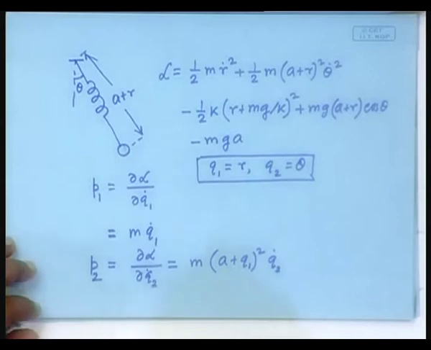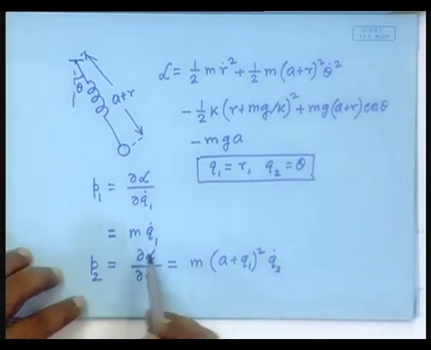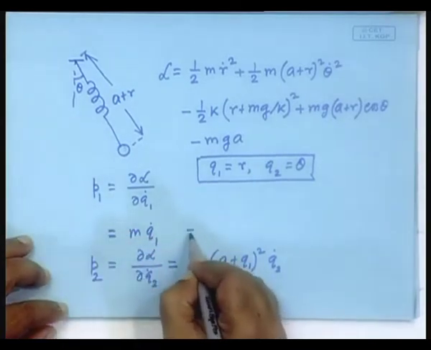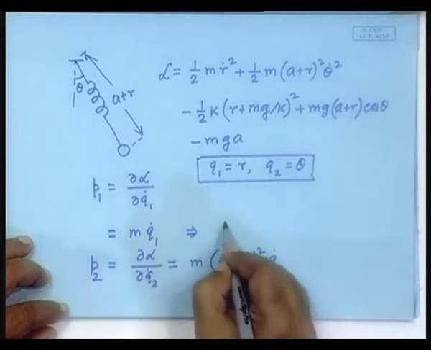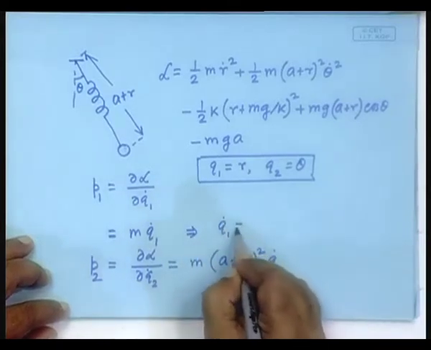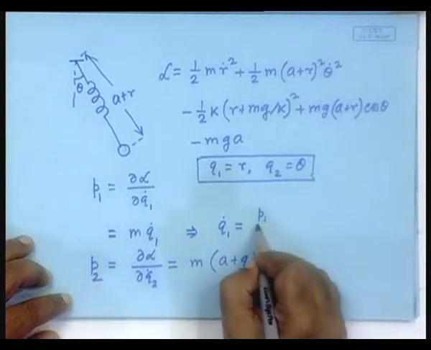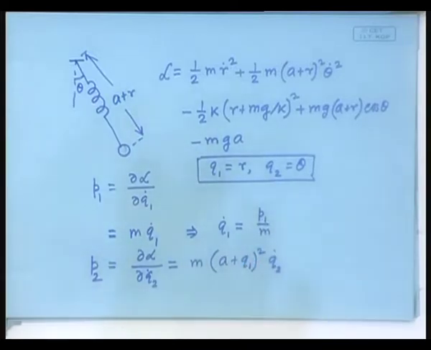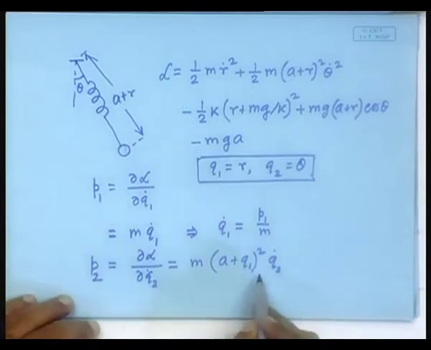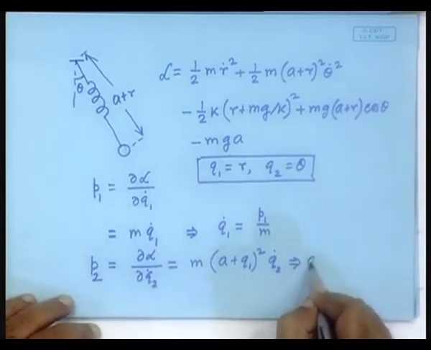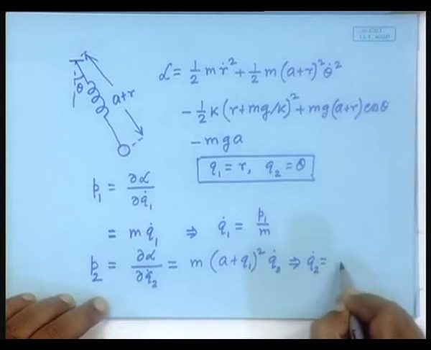Now, writing the differential equation. So, this equation will give Q 1 dot, the dotted term in the left hand side, is equal to that, and this will give Q 2 dot.